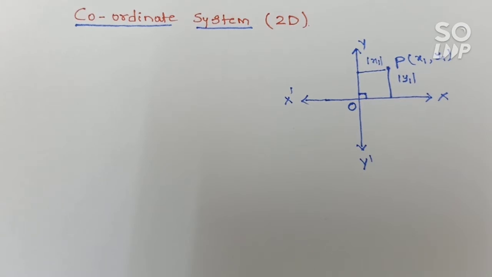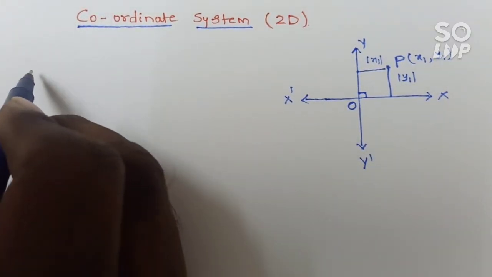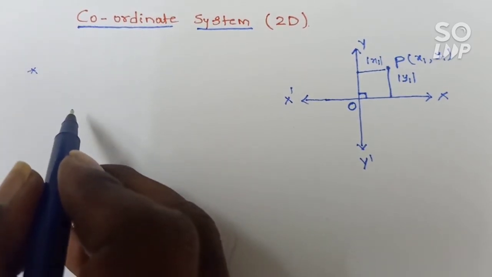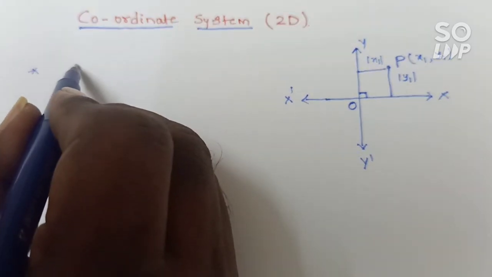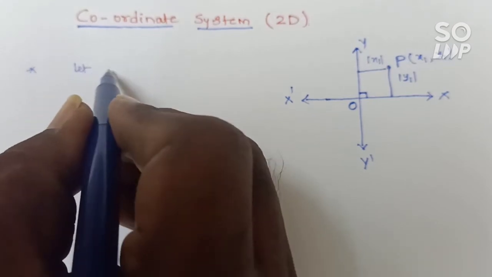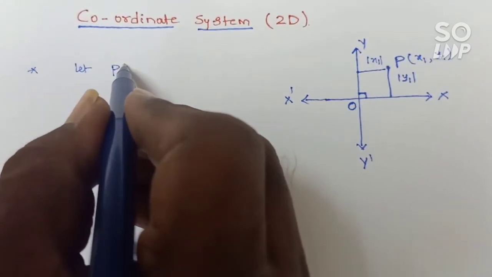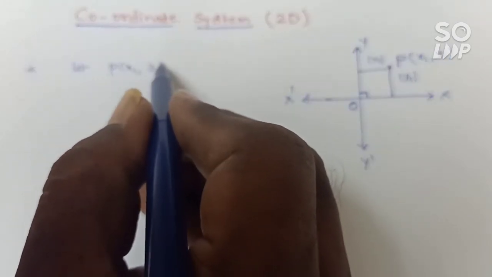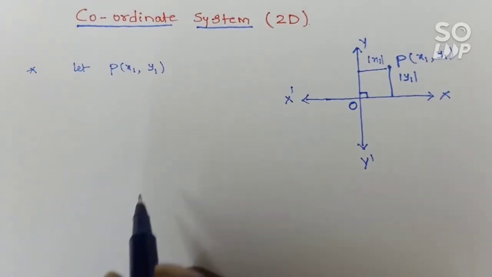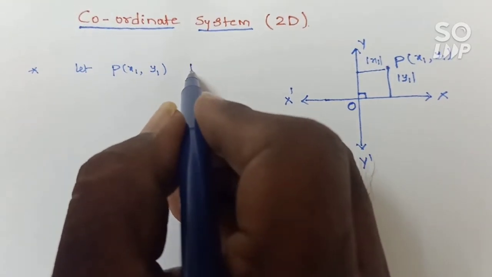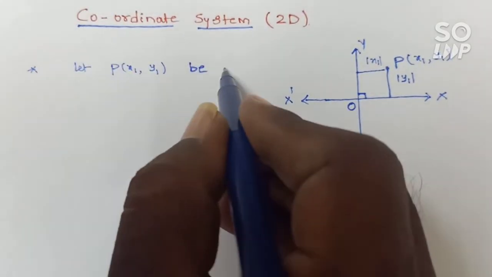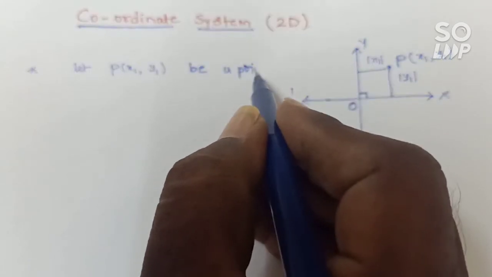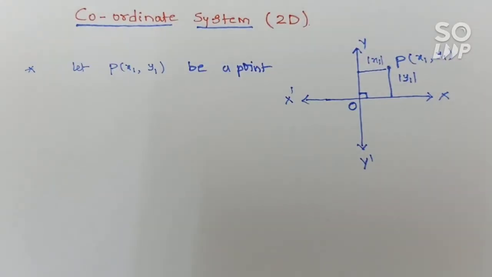So now you write all these points one by one. Say the first point is: let P equal x1 comma y1 be a point in the xy plane.